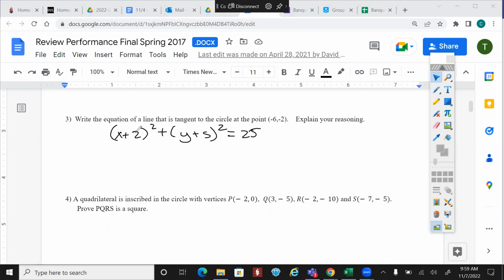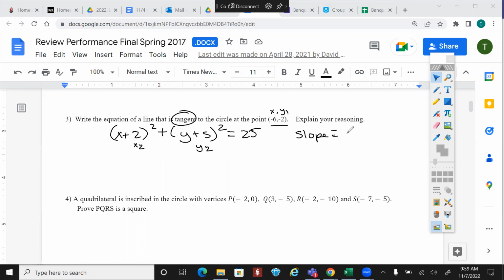Now, we want it to be tangent to this circle at this point, right? So we're going to take the point -6, -2, and we're going to find the slope of that using our center. So we're going to take these points as x1, y1, and then this one's going to be x2, y2.